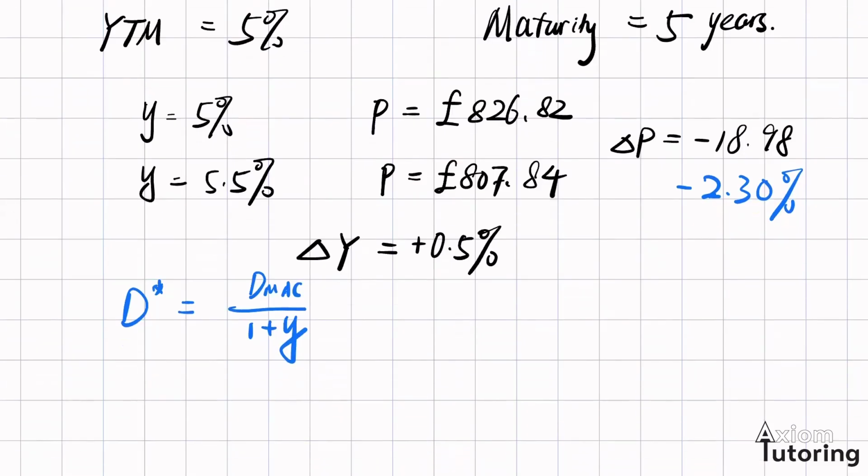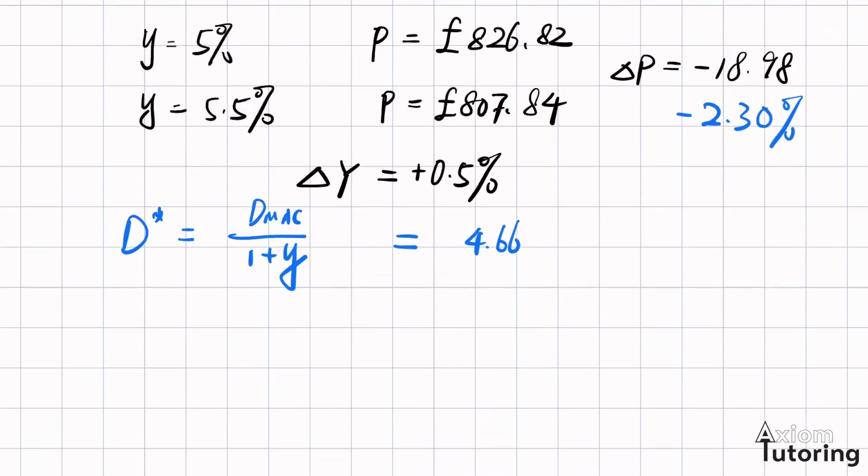We can simply calculate this for this bond. As for the duration, we've already done that in the previous video, which is 4.89 years. So the modified duration in this case is going to be 4.66 years.